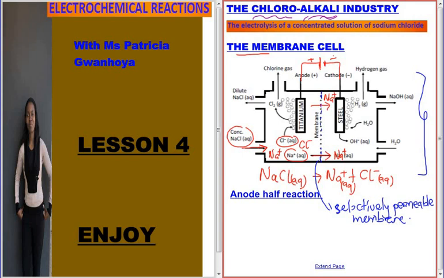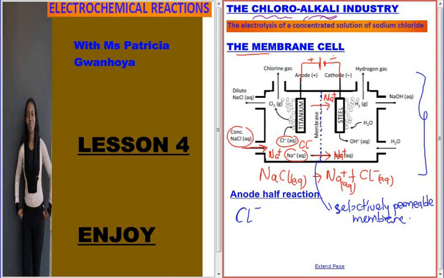Well, because at this point the anode, which in this situation is made up of titanium, we know that it is positively charged. From what I have indicated before, unlike charges will attract. So the chloride ion here, which is negatively charged, as you are noticing, will be attracted to the anode where it will be oxidized.